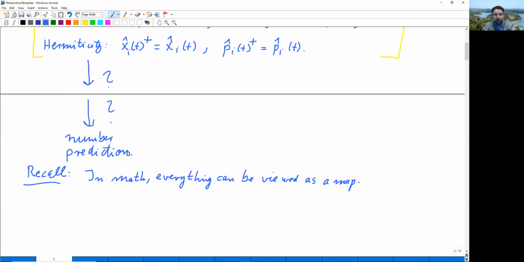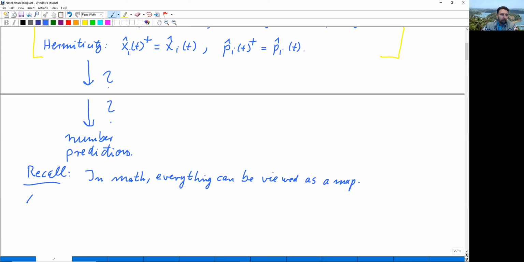So for every point in time, we get some map. Now, does it really help to know that? Well, let's discuss that a little bit more.